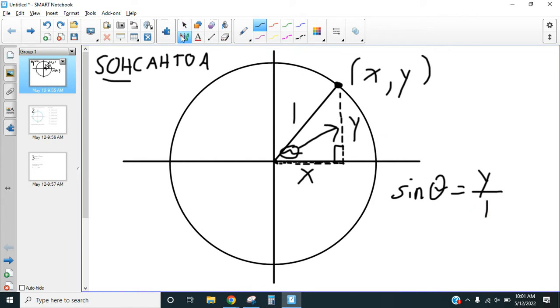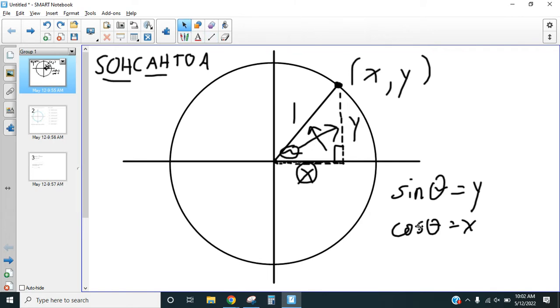Now, if I simplify that, that really just says that the sine is equal to the y coordinate, right? Y divided by 1 is the same thing. If I do the same thing with the cosine, right here, cosine is adjacent side over hypotenuse. Cosine is the x coordinate. Let me kind of flip-flop and put them in order.